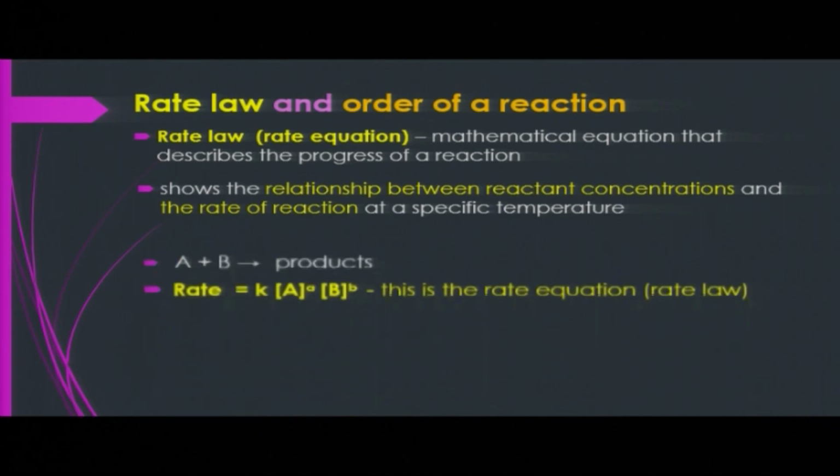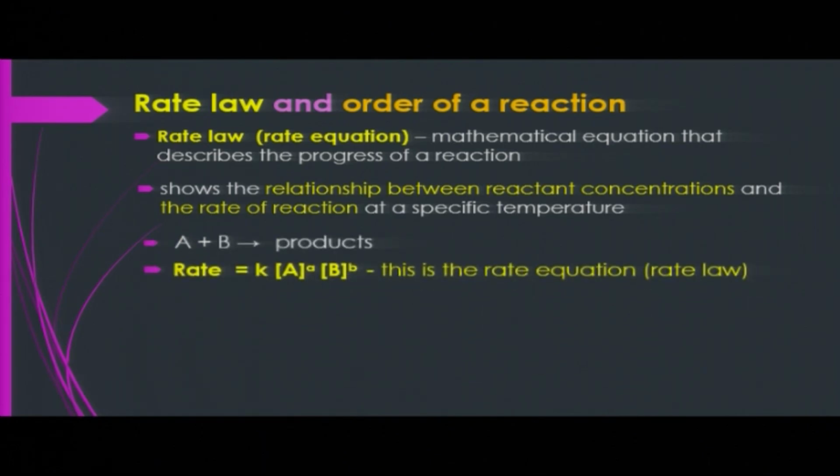So chemically, if you have two reactants, let's take A and B reacting to form products, the rate law or the rate equation is: rate equals the rate coefficient or specific rate constant, times the concentration of that reactant raised to a power, times the concentration of that reactant raised to a power.